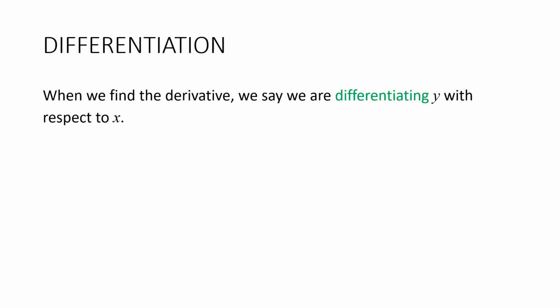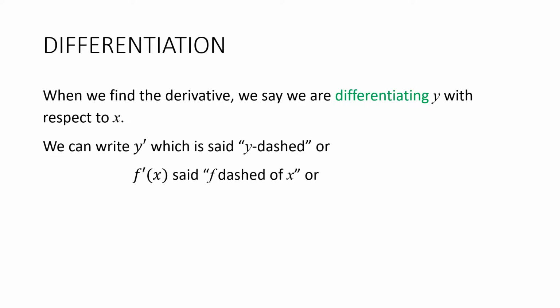Now let's just look at a bit of notation. When we find the derivative, we say we are differentiating y with respect to x, and that means we're finding out how much y changes as x changes. There's a couple of different ways we can write it. We can write y dashed or f dashed of x or dy dx.